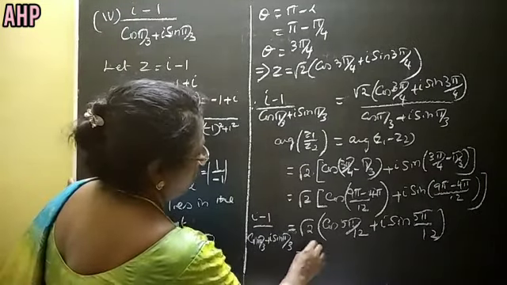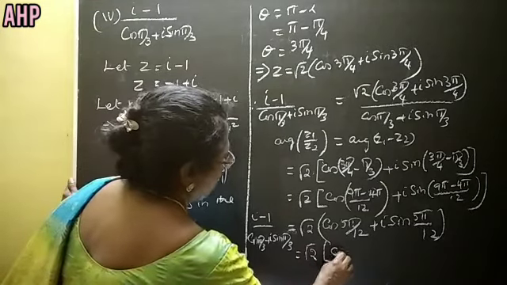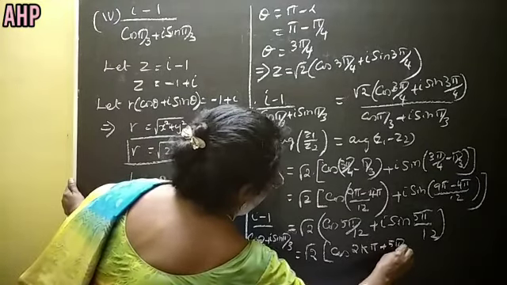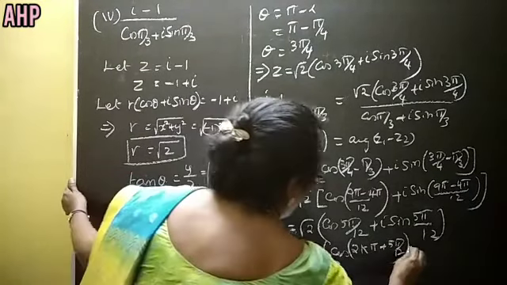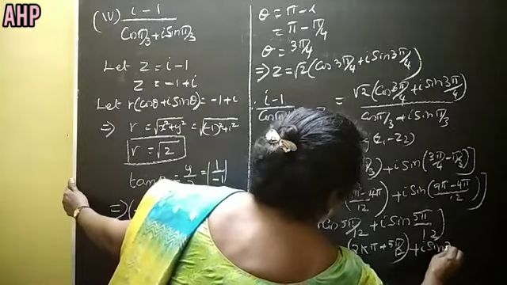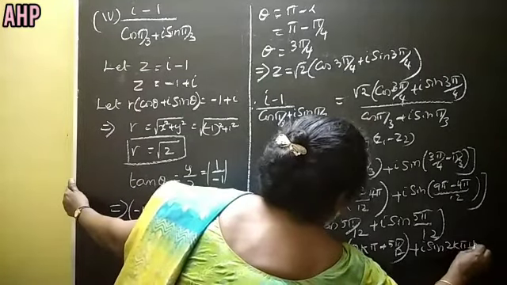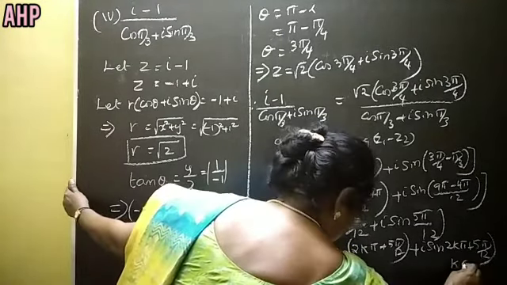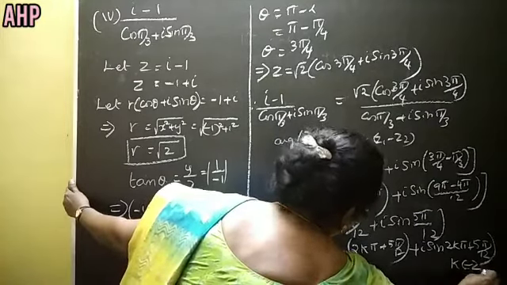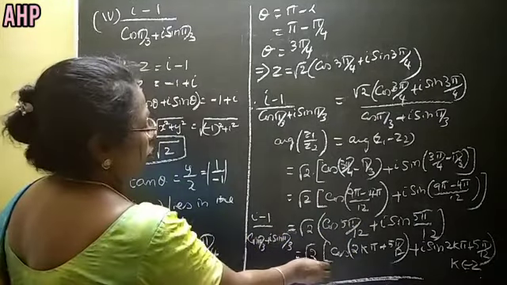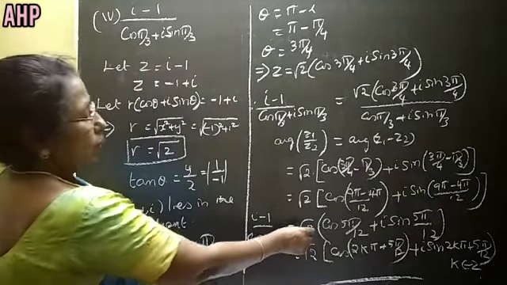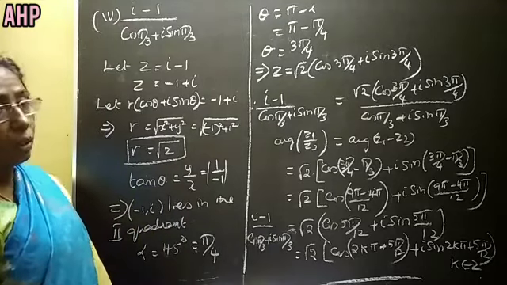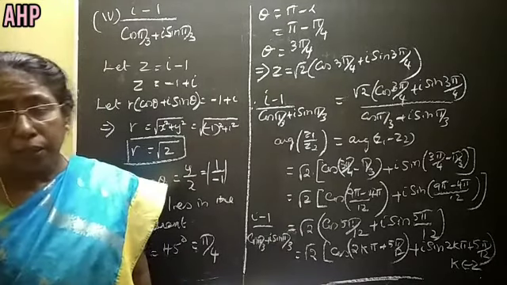This is equal to root 2 into cos (2k pi plus 5 pi by 12) plus i sin (2k pi plus 5 pi by 12), where k belongs to Z. This is the principal value and this is the general value for the question (i minus 1) by (cos pi by 3 plus i sin pi by 3).